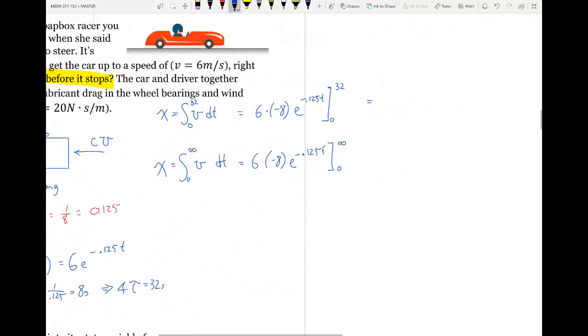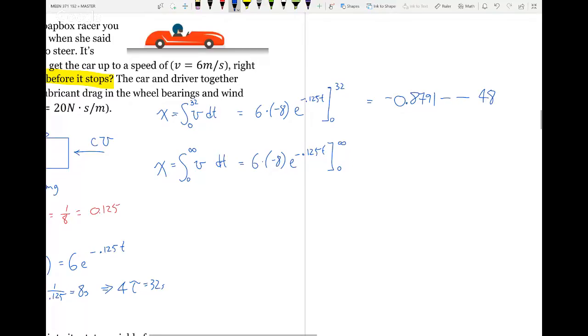Now, when we type this in for 32, we end up with negative 0.8791, minus, we also now need to do this, minus a negative, this is now 1, so it's going to be negative 48.